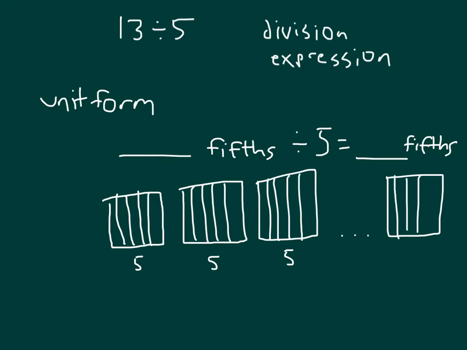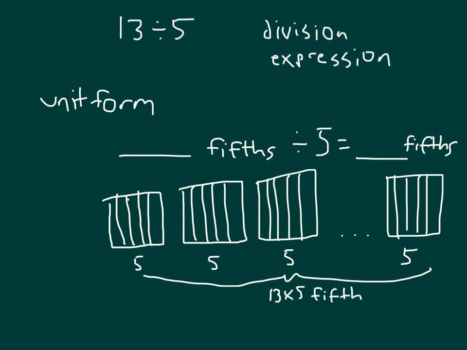So, what would I have to do? How many of these would I need to equal 13 wholes? Right, 13 of them. So I would go 13 times 5 fifths. And that is equal to 65.